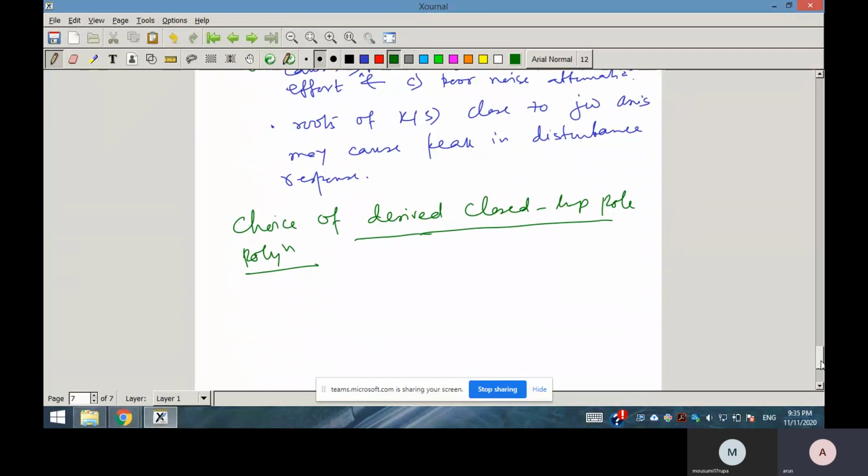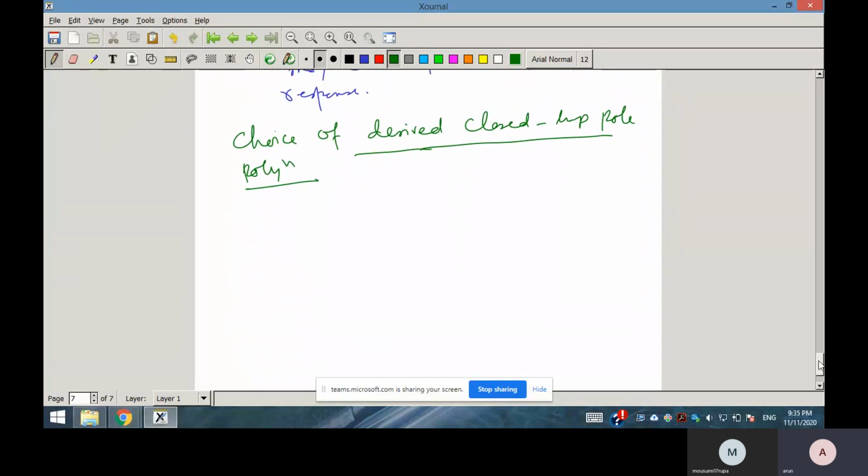Based on the two performance specifications, the method is: first choose the dominant poles based on peak overshoot and settling time specifications.